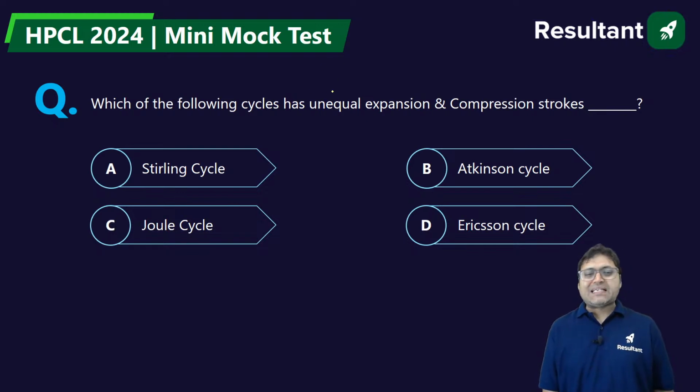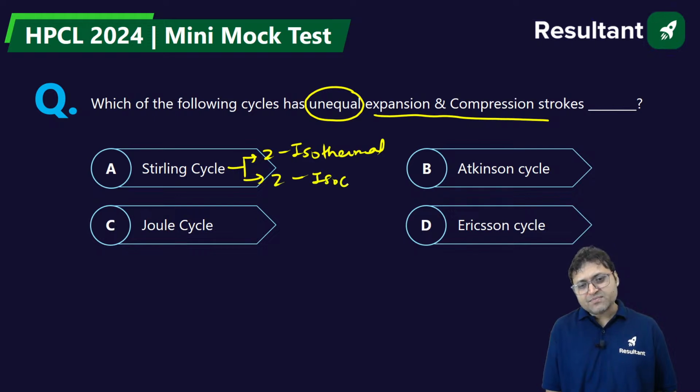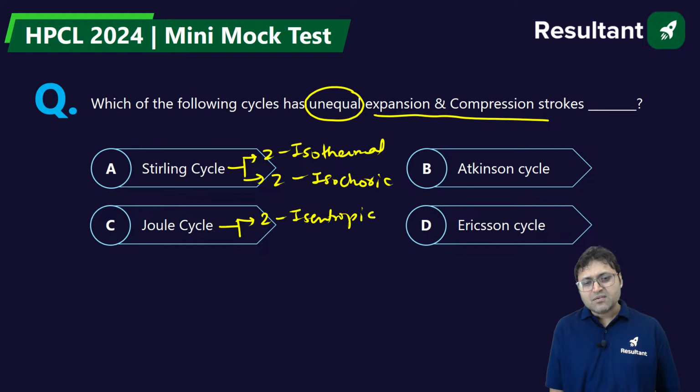Which of the following cycles have unequal expansion and compression strokes? Stirling cycle is having two isothermal processes and two isochoric. Joule cycle, also called Brayton cycle, two isentropic and two isobaric.